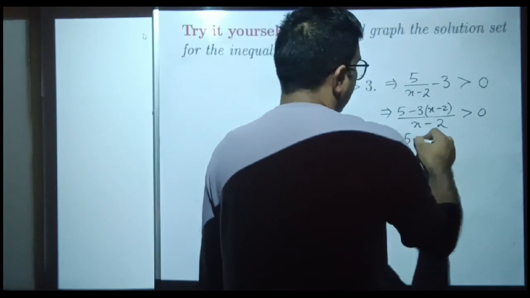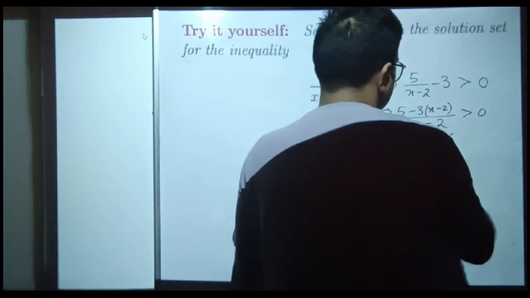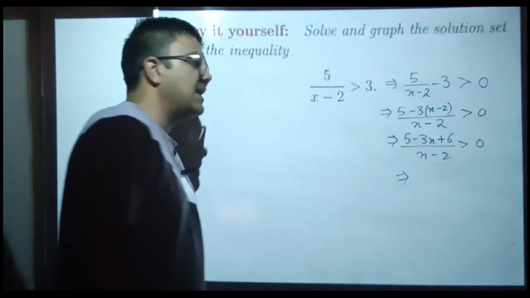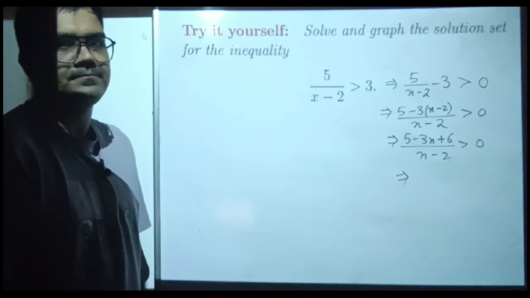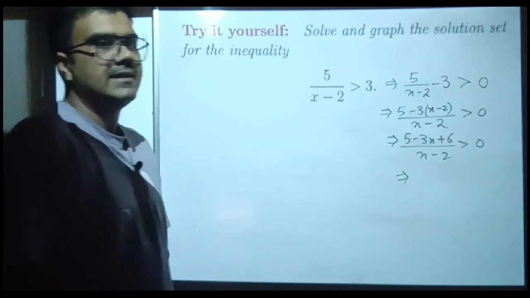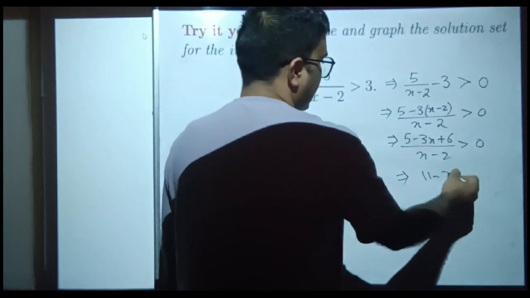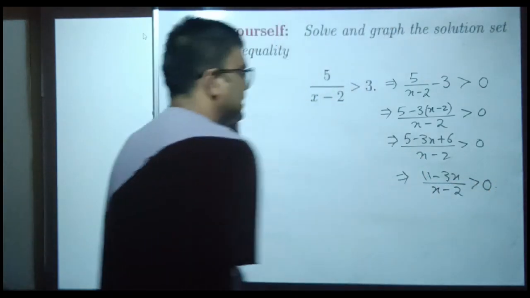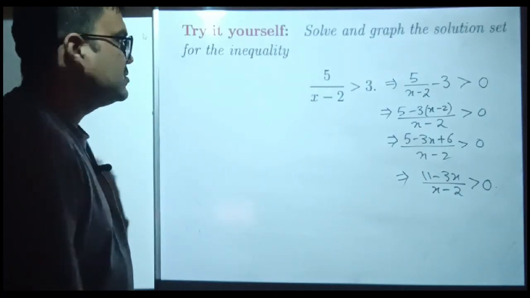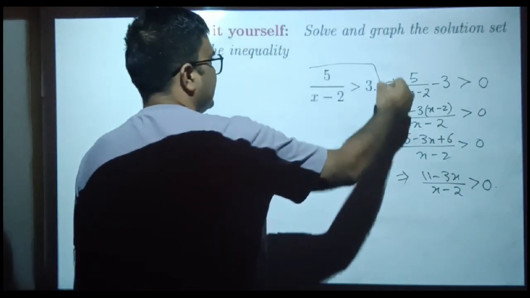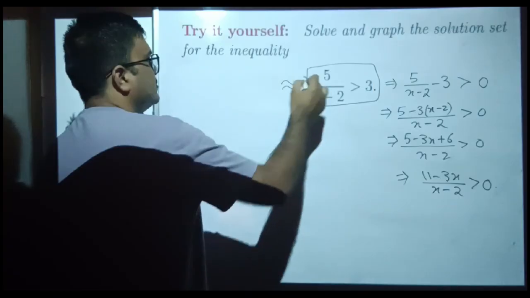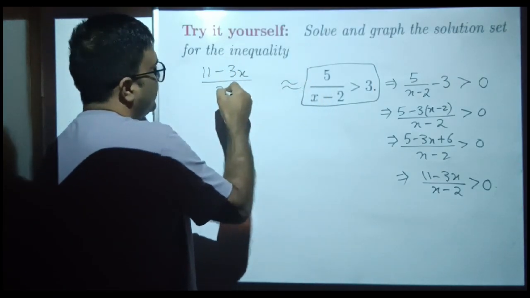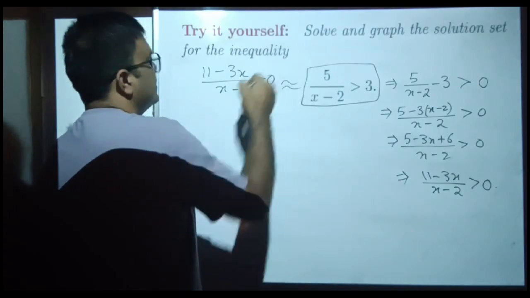This implies (5 minus 3x plus 6) over x minus 2 is greater than 0. And this implies that (11 minus 3x) over x minus 2 is greater than 0. So solving this inequation is equivalent to solving the inequation (11 minus 3x) over x minus 2 is greater than 0.